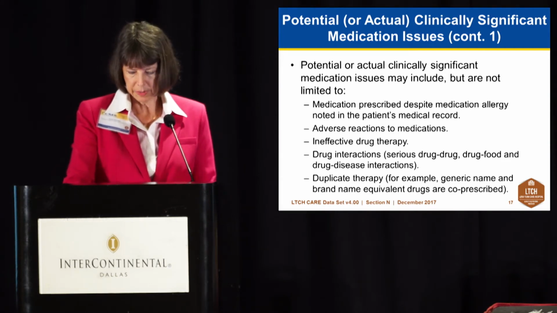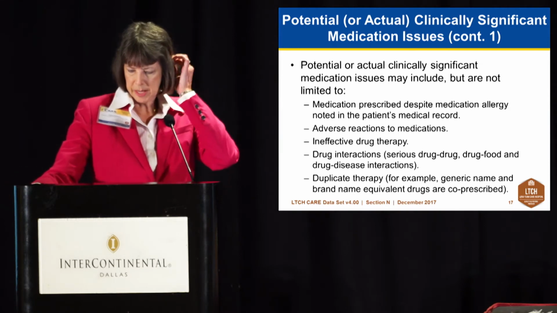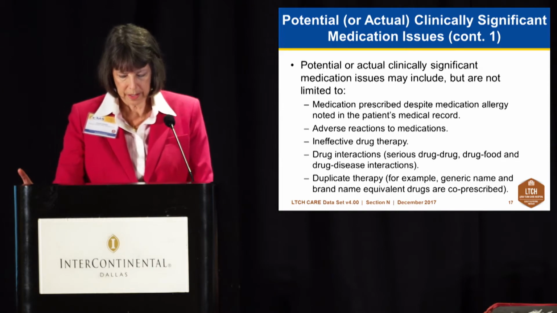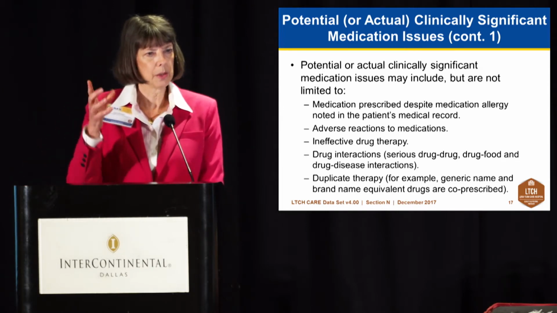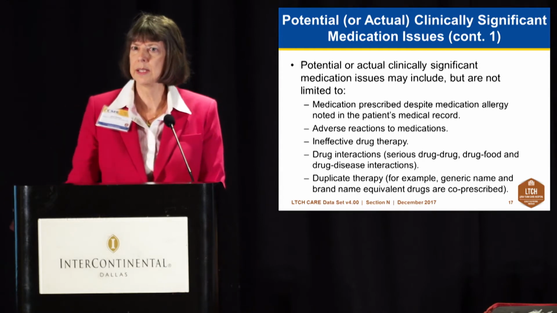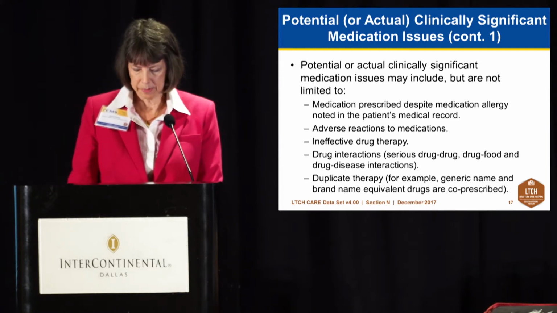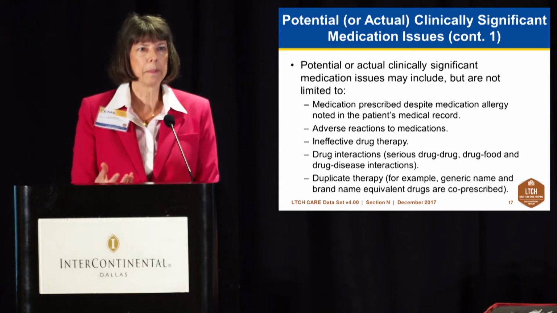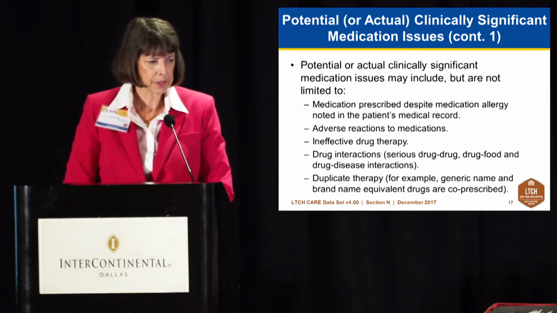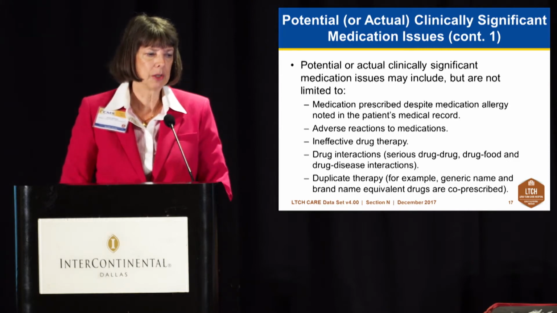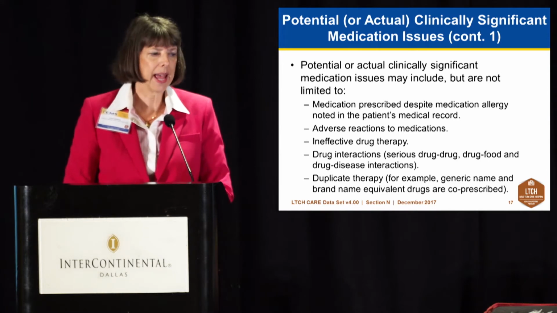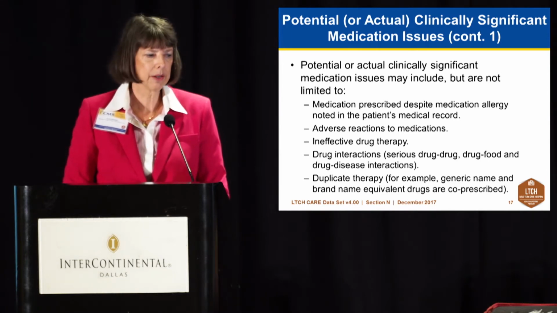Okay, so let's look at potential or actual clinically significant medication issues that may be included but are not limited to the following. We've heard from you folks saying, what are some of these issues? Can you give us some examples? So we're including some, but again, it's not an all-inclusive list. Some of the issues might be medications prescribed despite medication allergies that the patient may have noted in the patient's record.